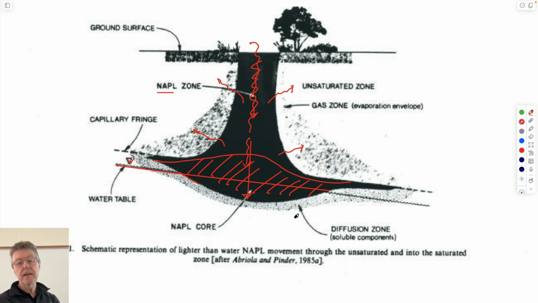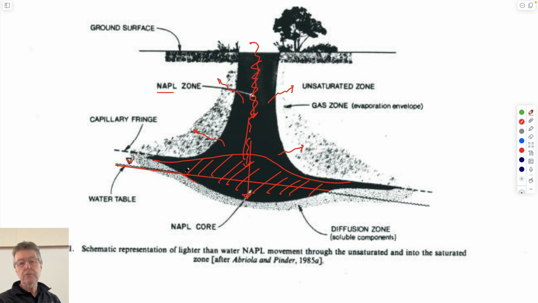If you want to remove this, our remediation methods have to draw on the mechanisms by which it gets there. If you spill it, typically it'll take a few days, a few weeks, a few months to get to this resting point. And so long as nothing changes, it'll just sit there.